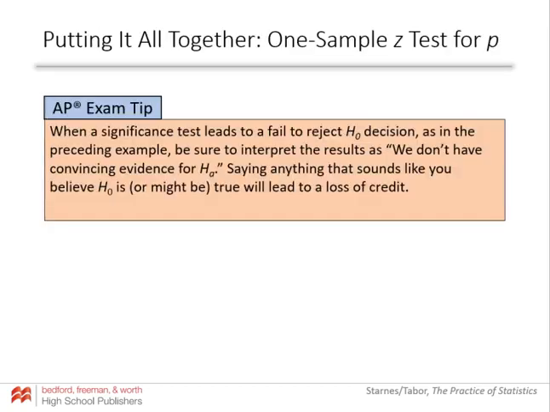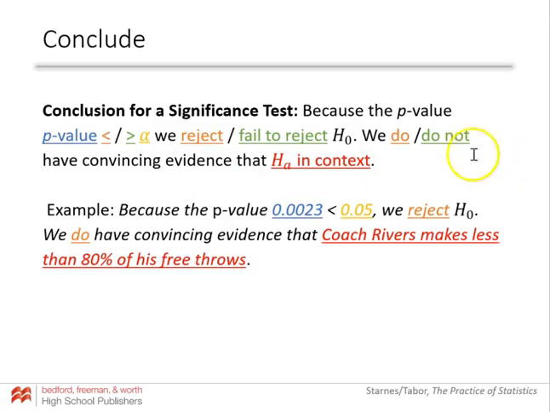But if you get a p-value that is greater than alpha and you are going to fail to reject, make sure that you only talk about whether or not there is convincing evidence for the alternative. Okay, so we can say there is or is not, or we do or do not have convincing evidence for the alternative hypothesis.